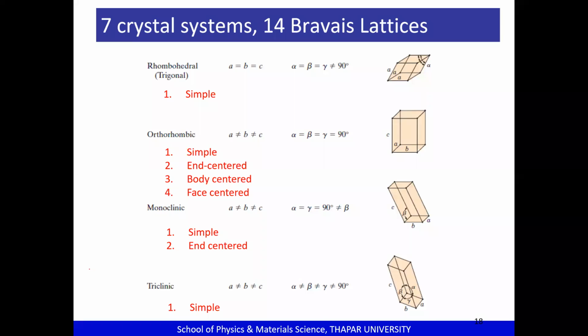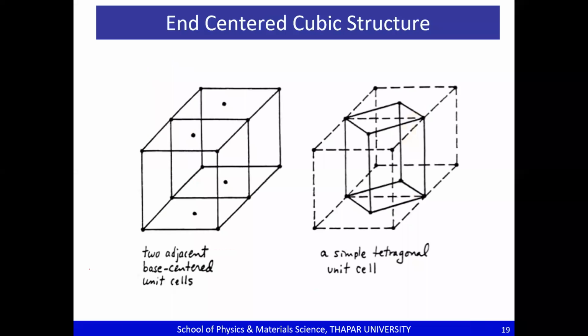What I am saying will be clear to you if you look at this particular picture. Look at the picture shown on the left hand side. You can easily make it out. These are 2 adjacent unit cells, and the unit cells are such that there are corner atoms and atoms on 2 opposite faces. So it is like an end-centered unit cell.